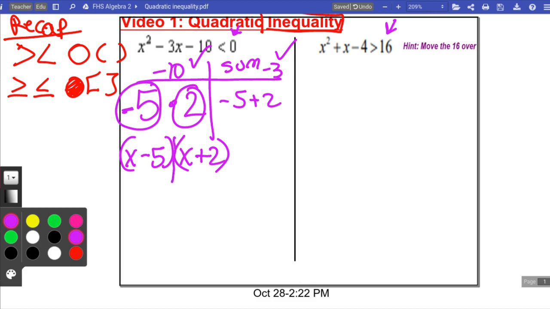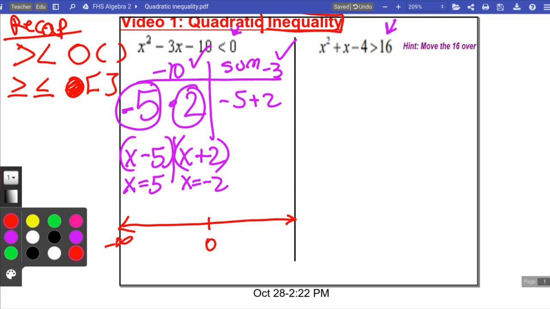Next, x equals 5. You remember that? We did that a couple of days or last week. x equals -2, just the opposite. Next, number line. Put 0 here, -infinity over there, +infinity this way. 5 will be here, and -2 is over here.